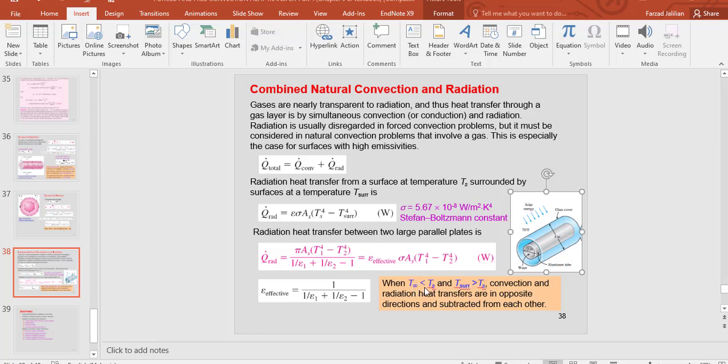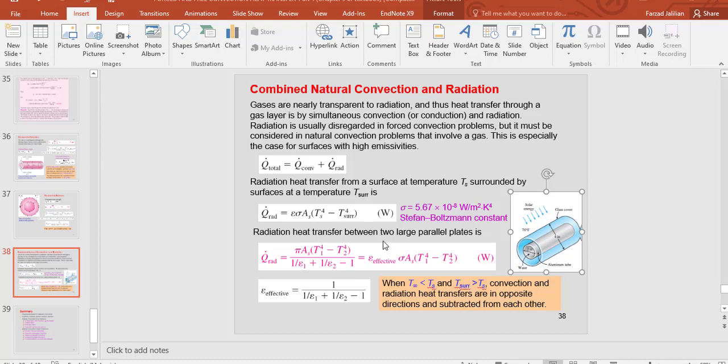For natural convection, when T infinity minus Ts is from the surface to the surrounding, and T surrounding is higher than Ts, the heat flows from the surrounding to the surface. So finally their directions will be opposite, and they should be subtracted from each other.